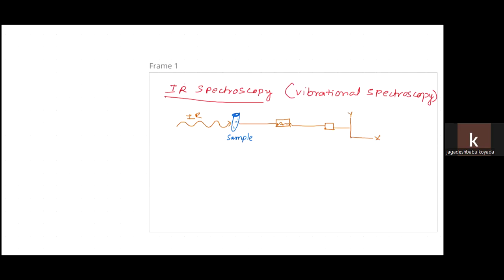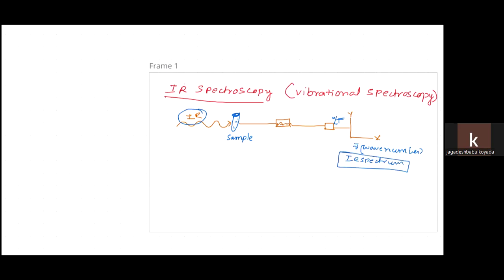On the x-axis we take wave number, and on the y-axis percentage of transmittance. This is known as the IR spectrum, and the entire process is called IR spectroscopy.